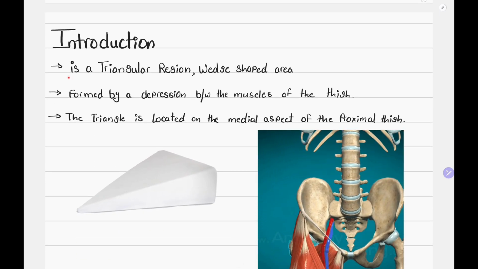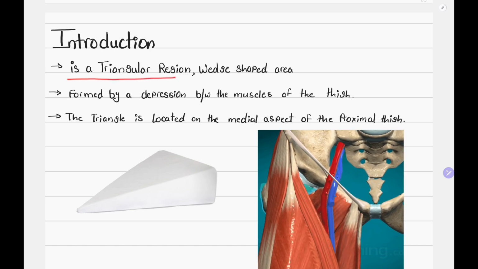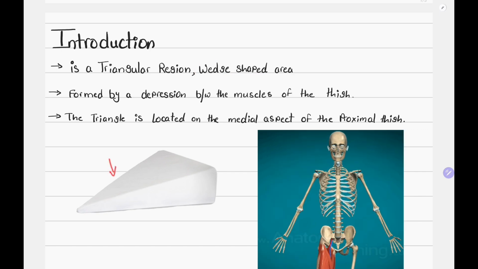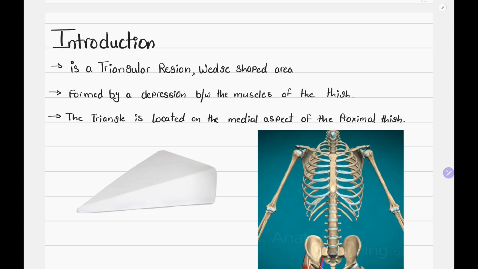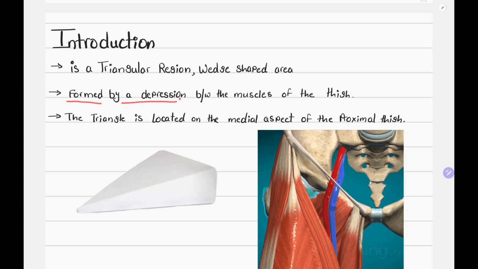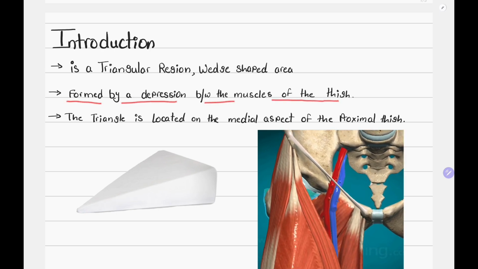The femoral triangle is a triangular region with a wedge shaped area. So this is a wedge shape. This triangular region is wedge shaped, and the triangle is formed by a depression between the muscles of the thigh.